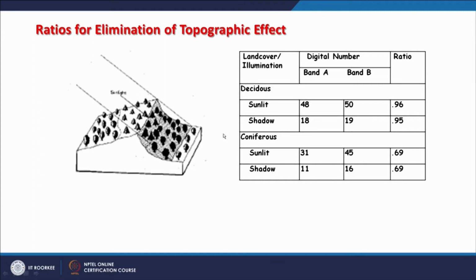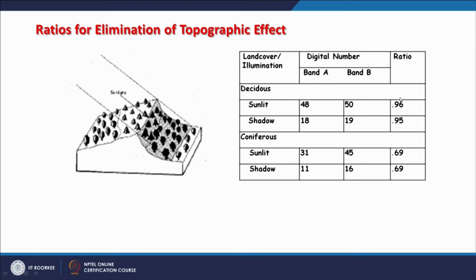Then you have an example of coniferous trees: in the sunlit slope, band 1 has a pixel value of 31 and band 2, or band B, has 45, so the ratio comes to 0.69, and in shadow, again 11 and 16, the ratio comes to 0.69.